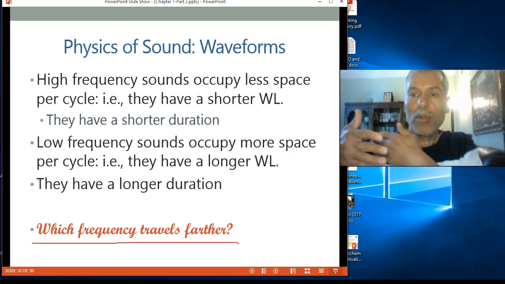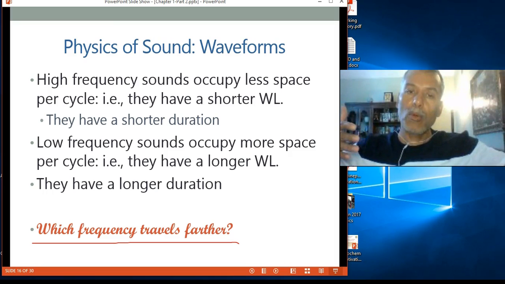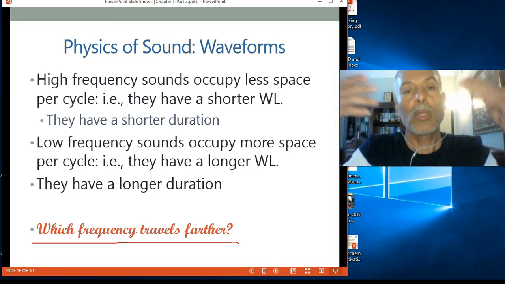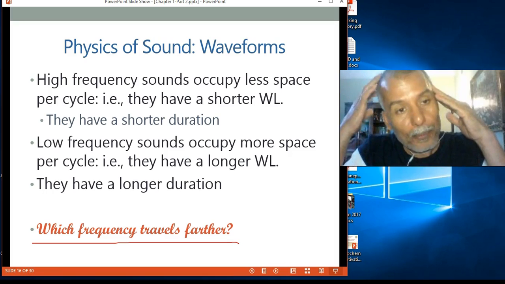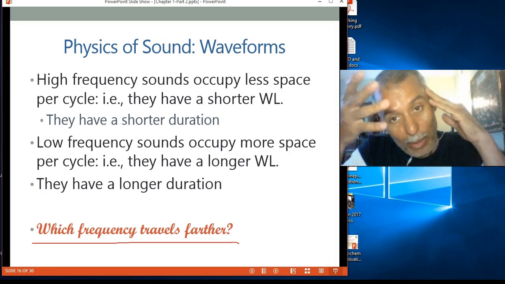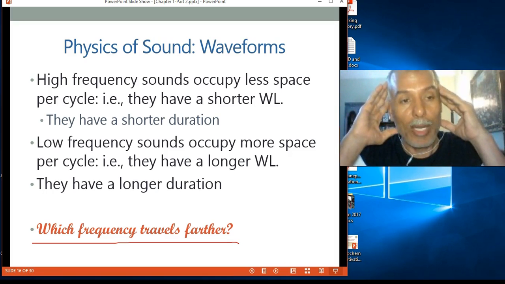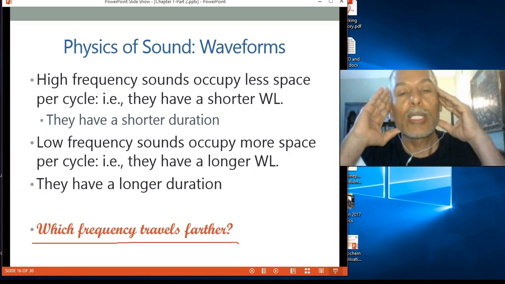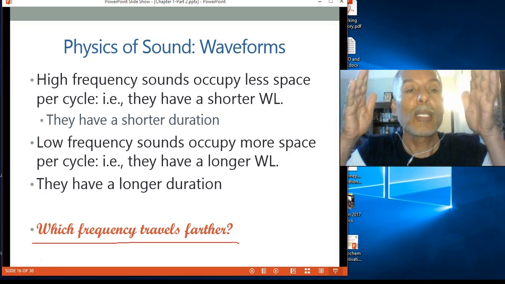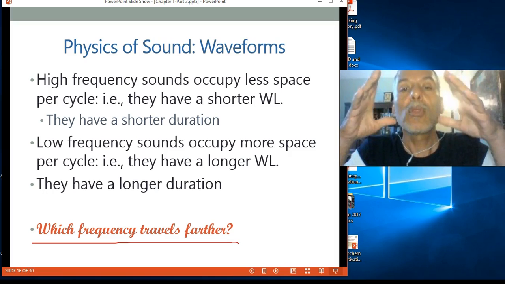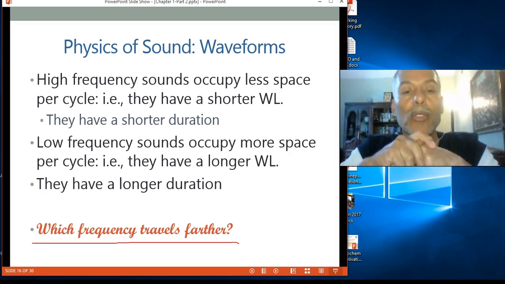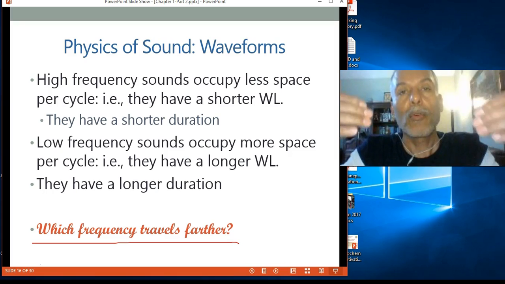The distance is small, and then my wave is going to be long, and it will cover a greater distance. So that means less space for the child, more space for mine. So low frequency sounds occupy more space per cycle, and they have a longer wavelength. So they stay in air for a longer time.